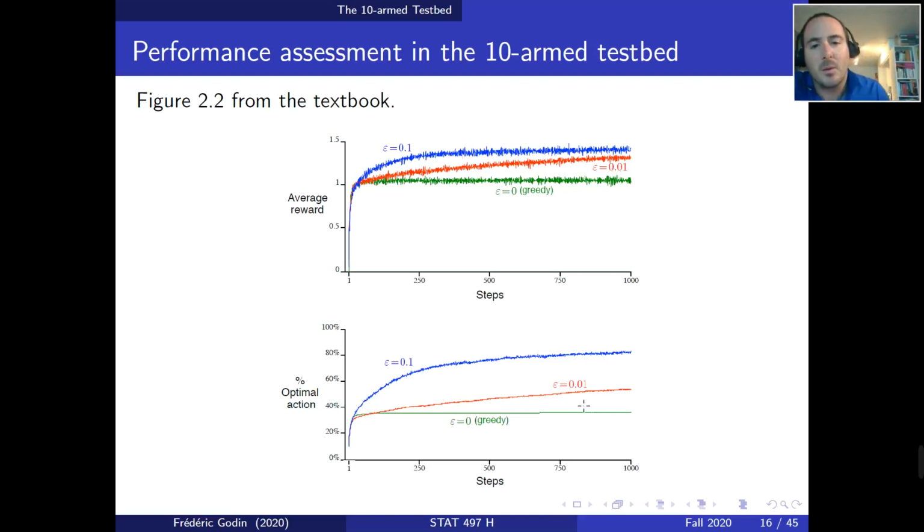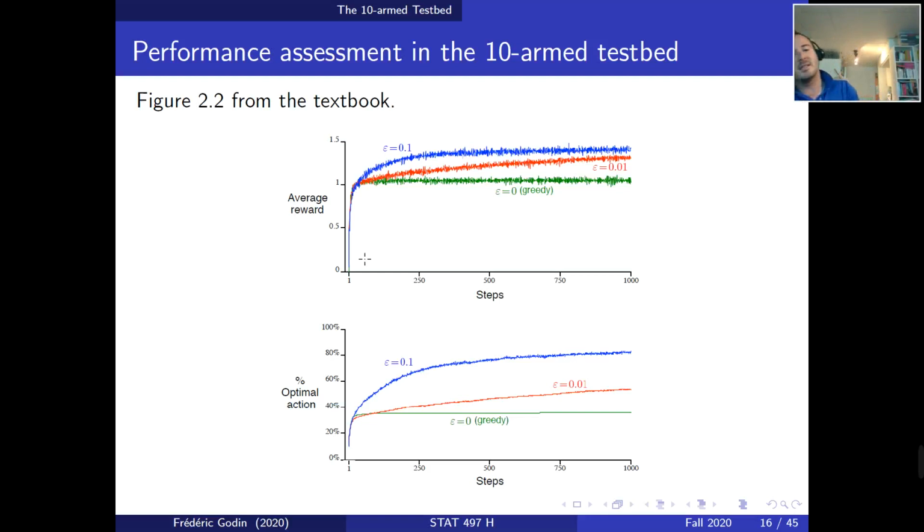So here we can compare. This is the step t, and on this axis is the average reward up until time t. Average means across all steps until time t, but it is also averaged across the 2,000 runs.